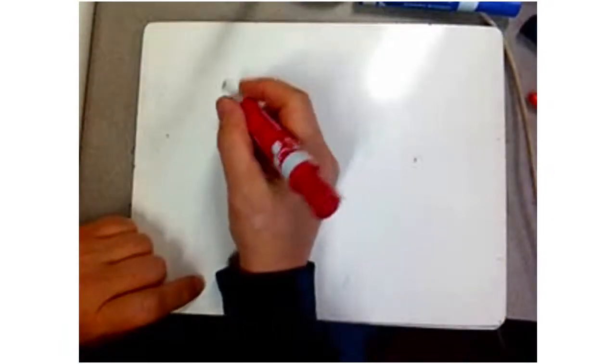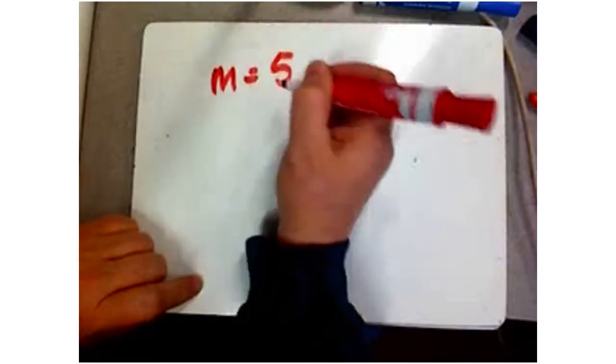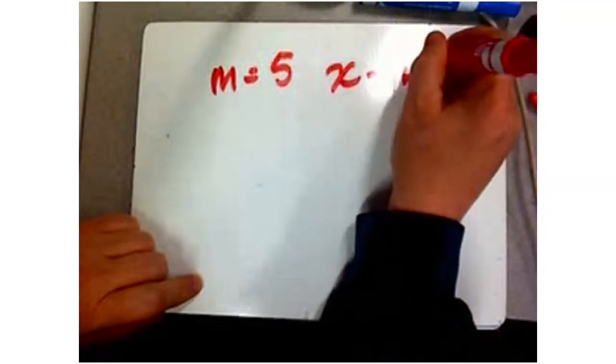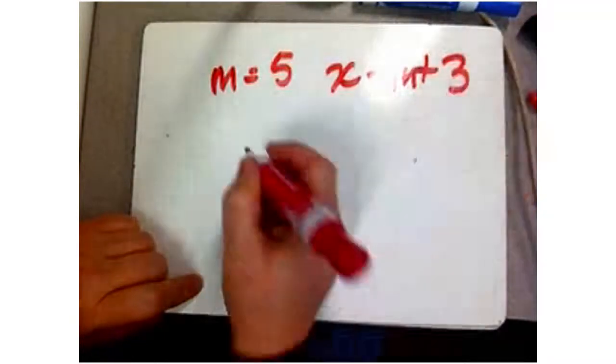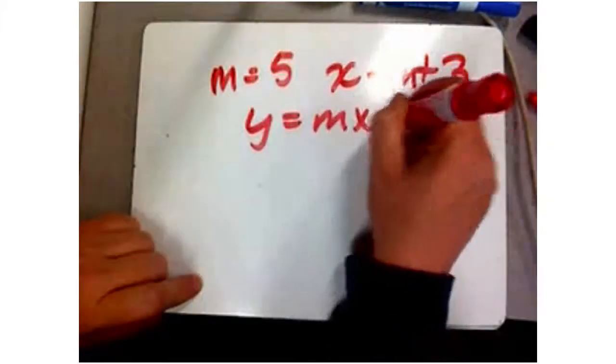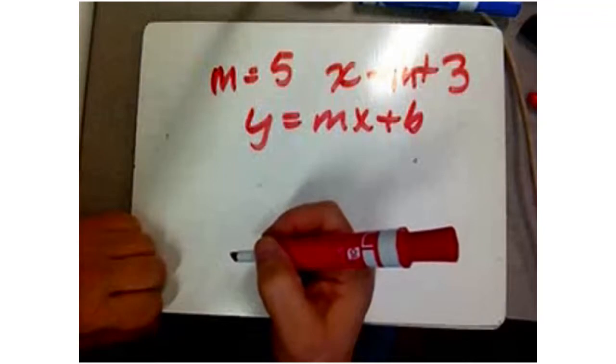So in the email that I sent you, I explained that if you know that your m value is 5, and that your x-intercept is 3, you're going to use your y equals mx plus b slope-intercept form, and you're going to plug these values in.